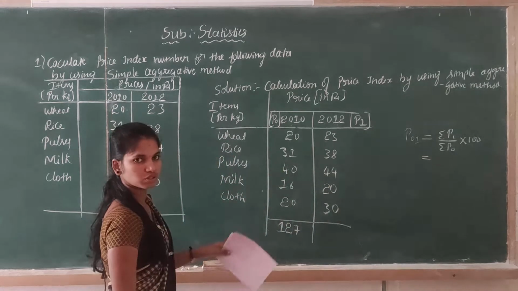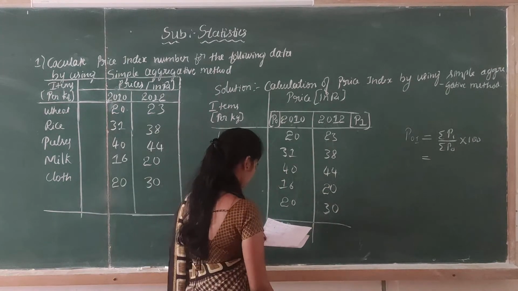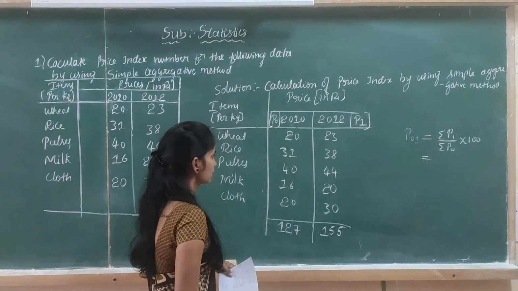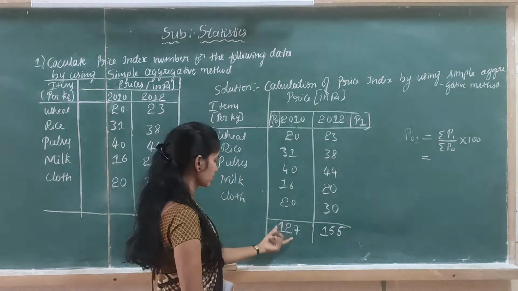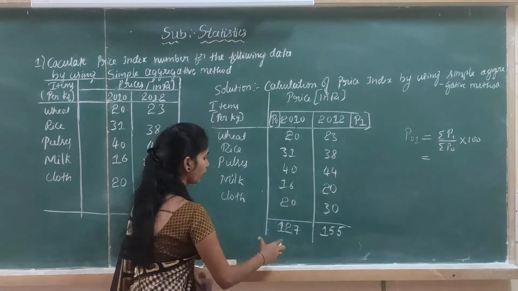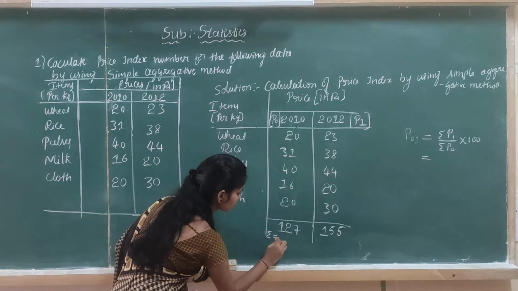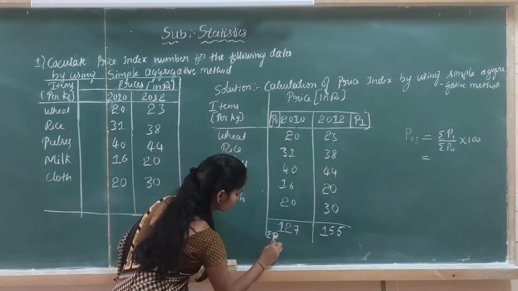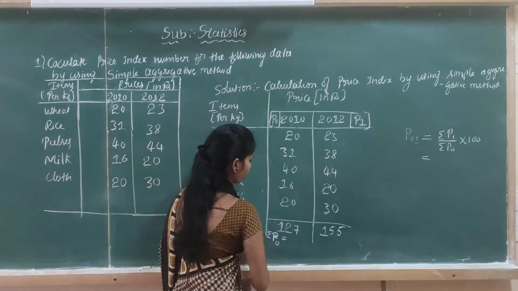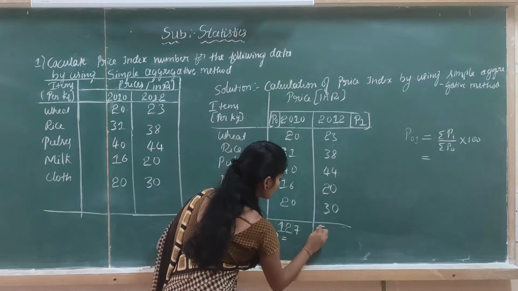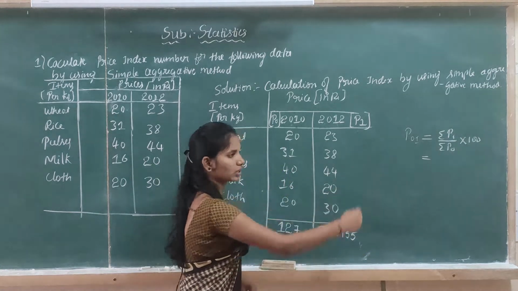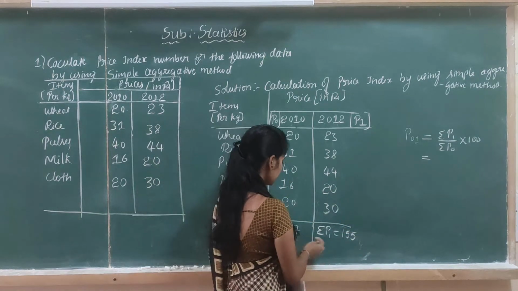And the sum of the 2012 values is 155. So 127 is summation P0, and 155 is summation P1.